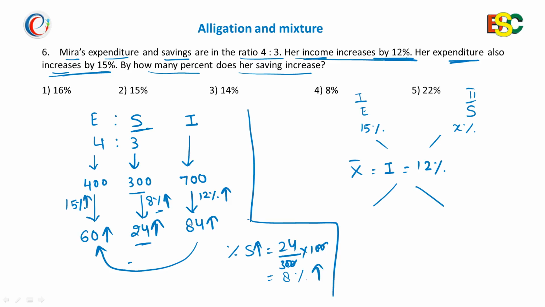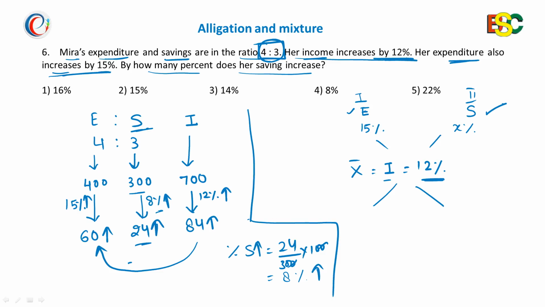Now here the ratio of expenditure and saving is given as 4:3. Once her income increases by 12%, then this 12% has to be distributed between her expenditure and saving in the ratio 4:3.